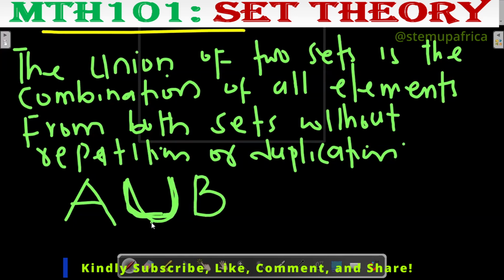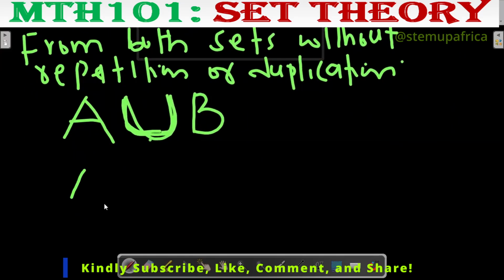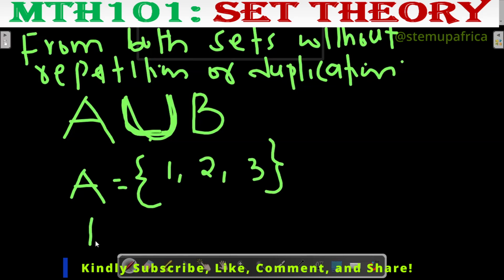So let's say for instance I have set A. Remember we said earlier, a set is represented by a capital letter. Set A is 1, 2, 3. Then they gave us set B as 3, 4, and 5.